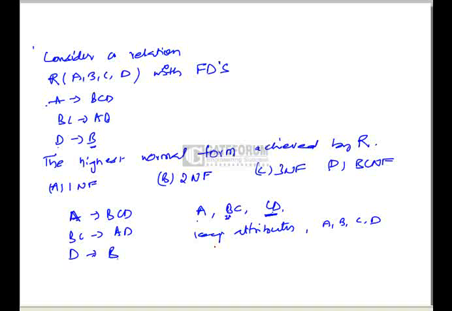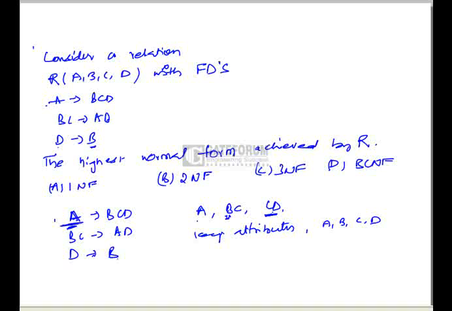So we can say the table will be in 3NF. We have to check if the table is in BCNF or not. If the table has to be in BCNF, all the LHS parts of the FDs should be candidate keys.